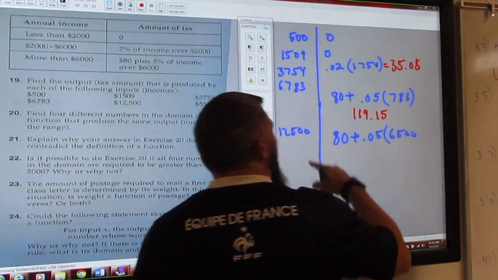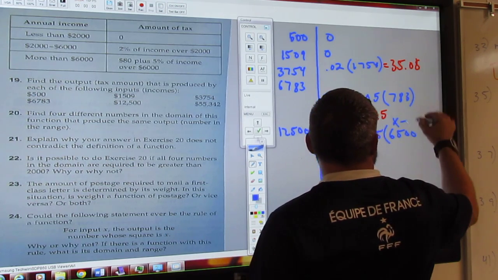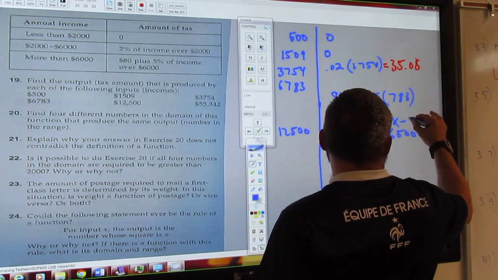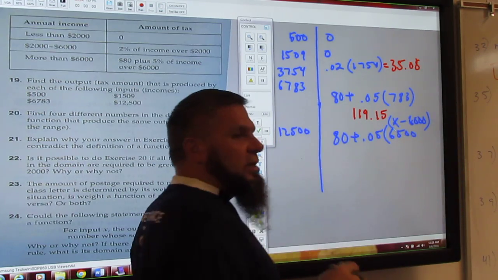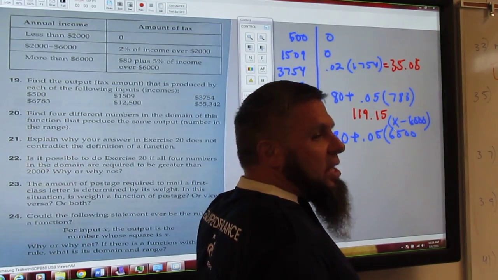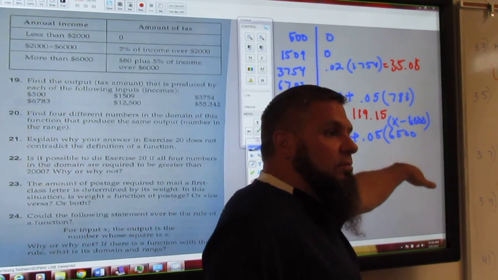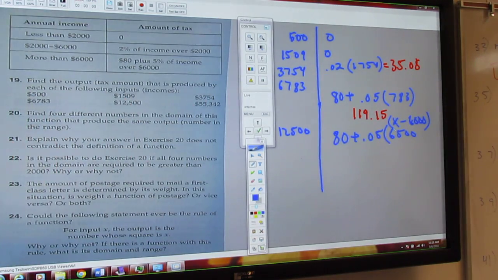Another way to think about this is it's going to be x minus 6,000. So it's going to be y equals 80 plus 0.05 times (x minus 6,000).